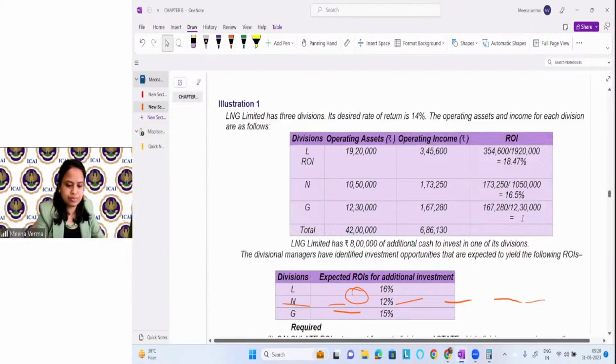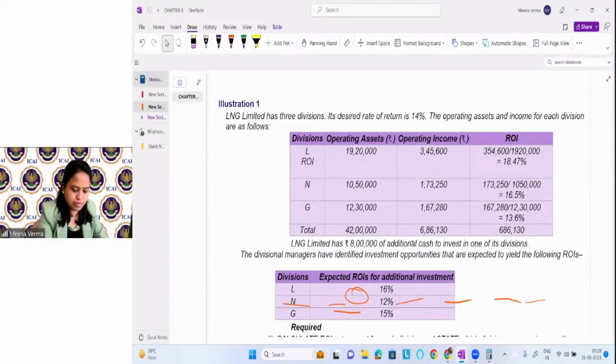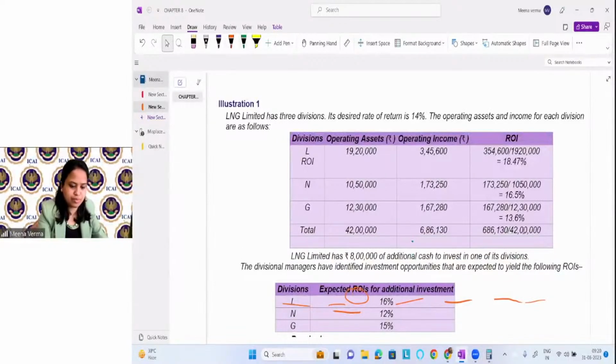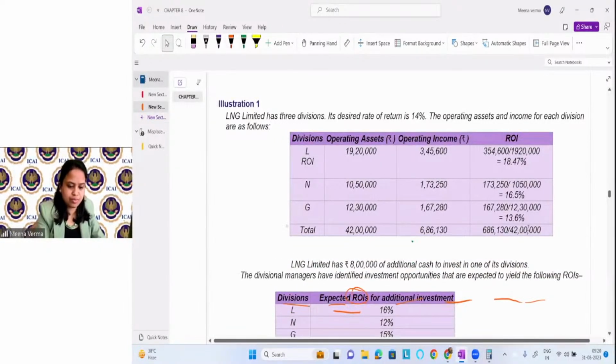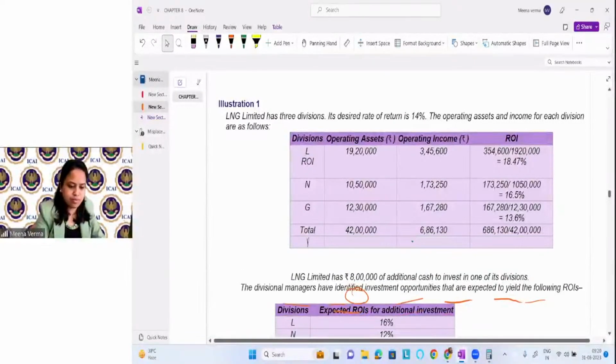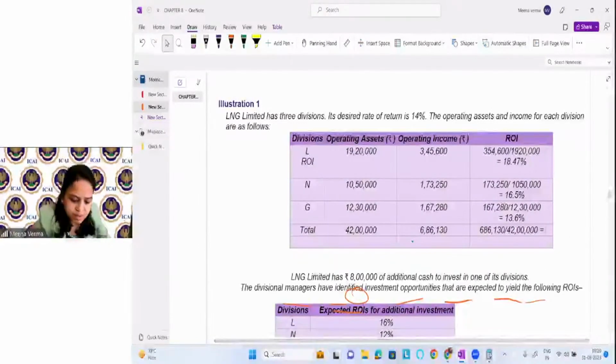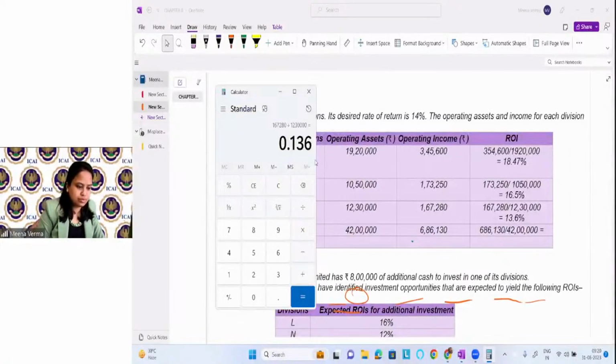Next, 13.6%. What is it coming to for this one? 16.34%.